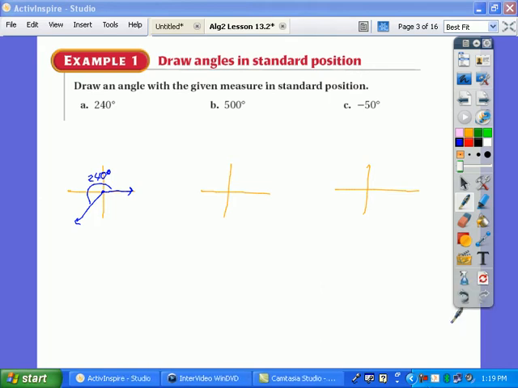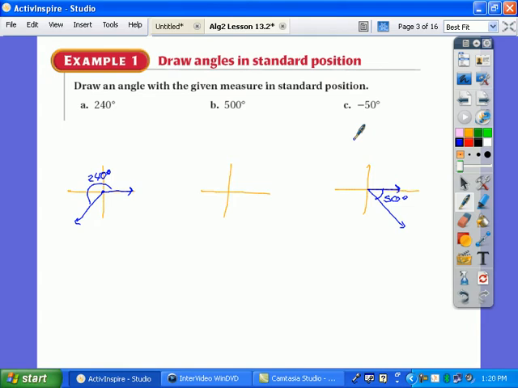All right, so let's jump to angle C. Here's our initial side, and now we want to talk about negative 50 degrees. Instead of rotating counterclockwise like in the standard procedure, we're going to rotate clockwise, and we're going to come down, let's say 50 degrees, and there's our angle. You don't need a protractor for my class. You just simply need to ballpark it roughly.